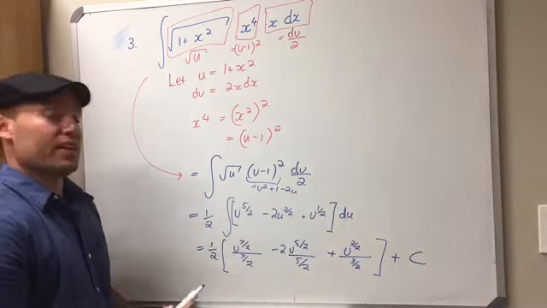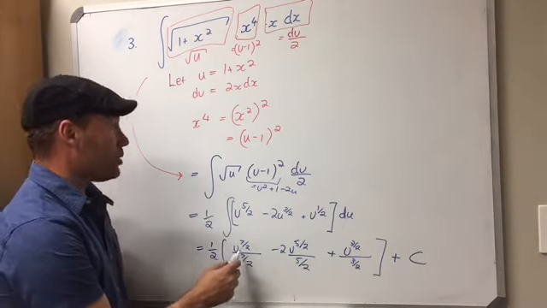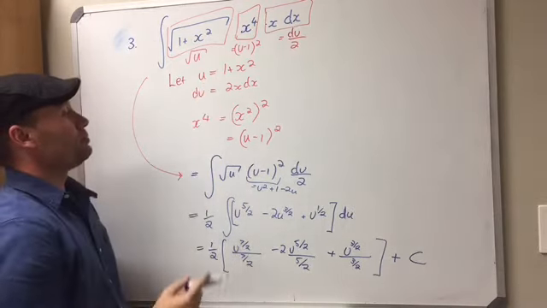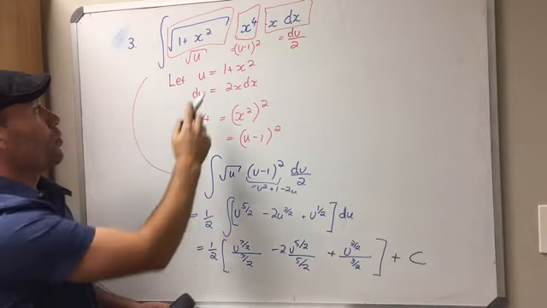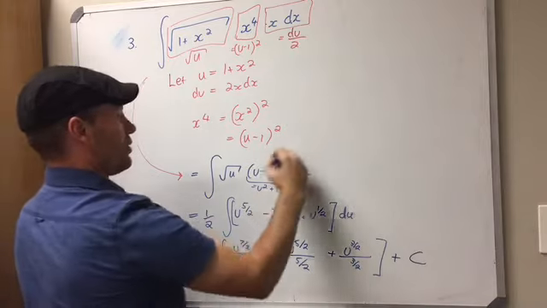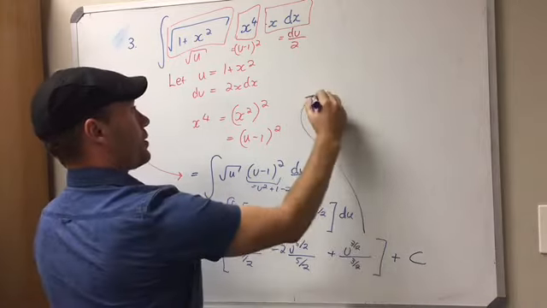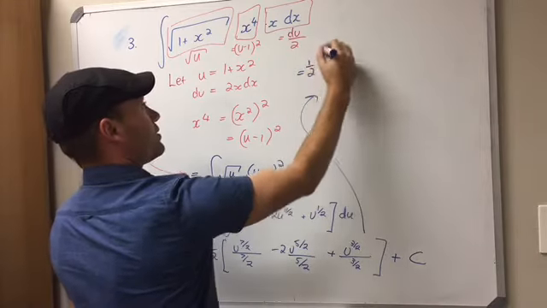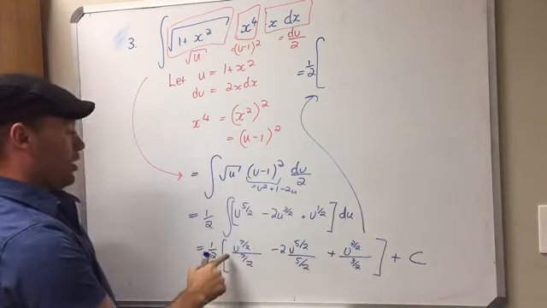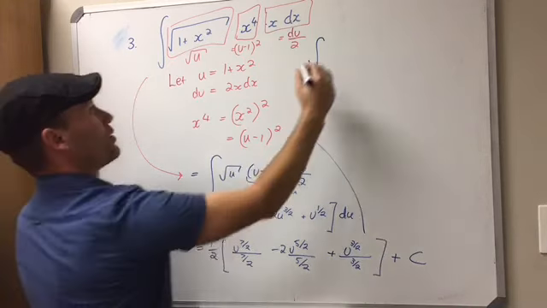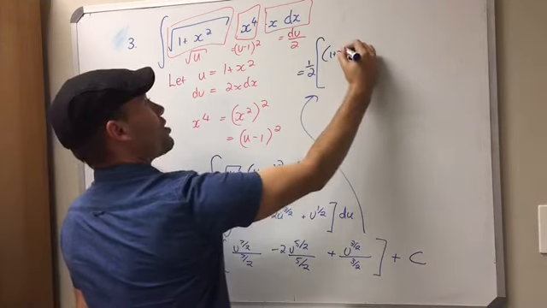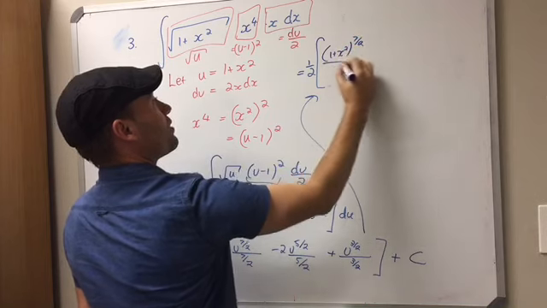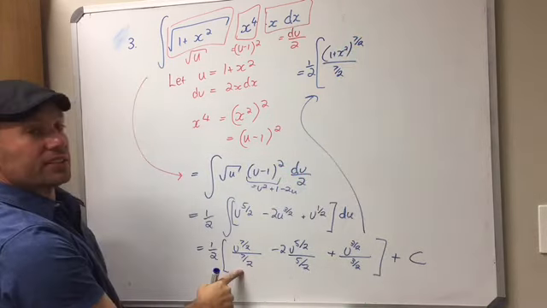Right, I'm not yet finished. I should now replace the u's with 1 plus x squared. So the final answer is a half, and I've got a big bracket here. u to the power 7 over 2 is 1 plus x squared to the power 7 over 2. That's this term.